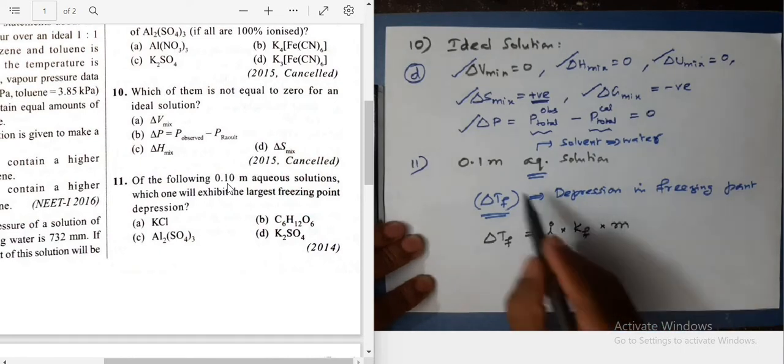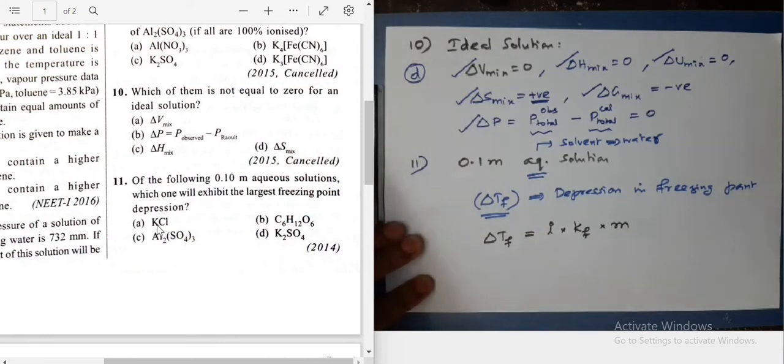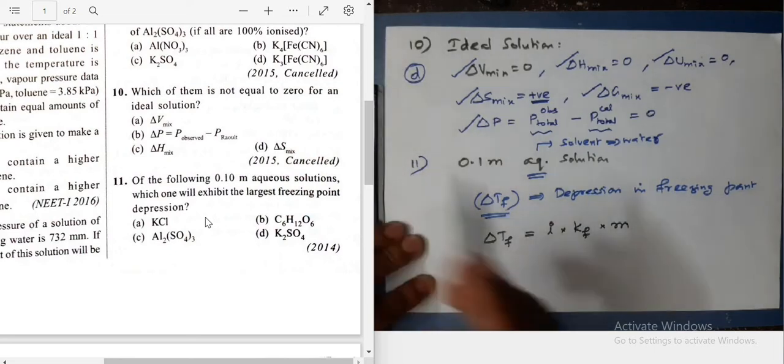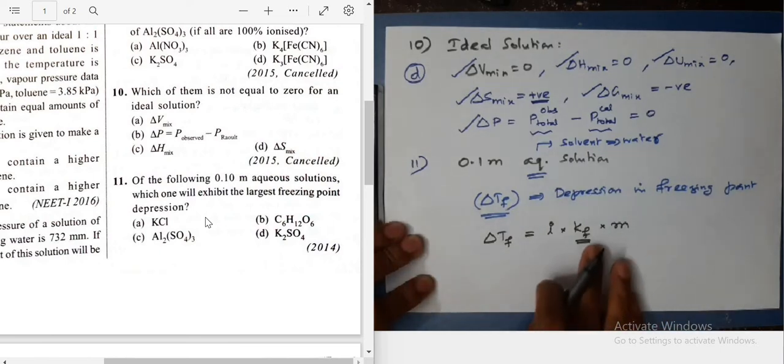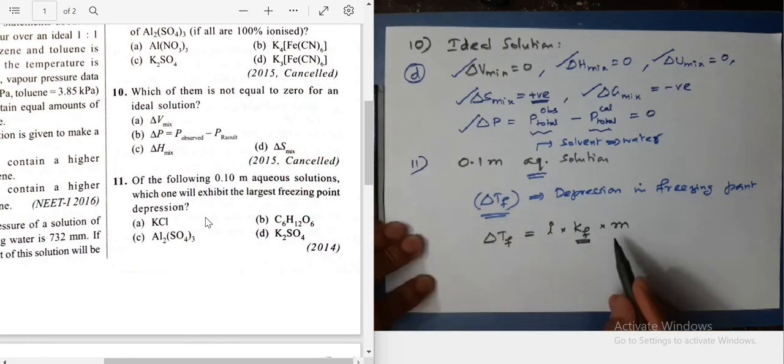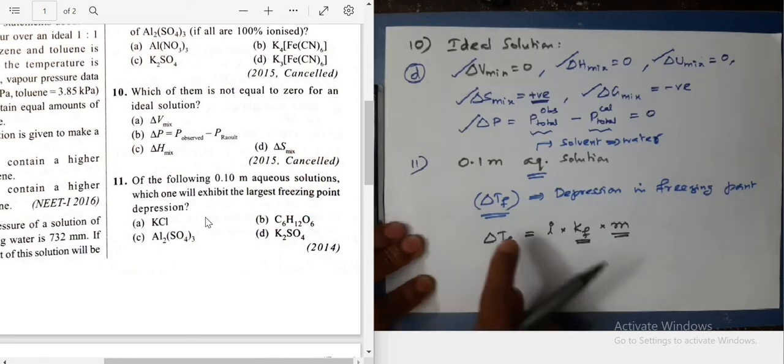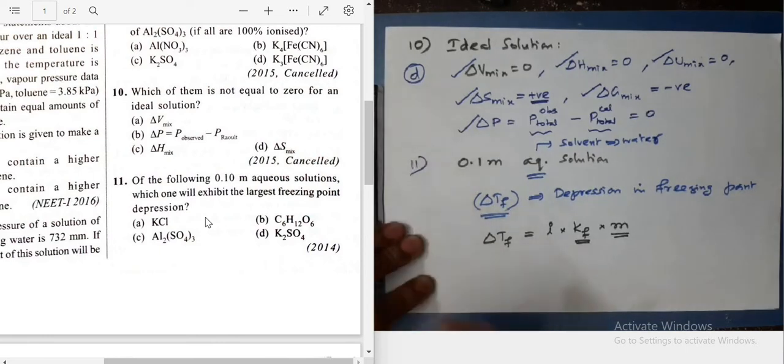Okay, since all the four solutions are aqueous, that is KCl solution, this is glucose, this is potassium sulphate solution, therefore Kf is same for all the four solutions, because solvent is water. What about molality? In the question it is given clearly all the solutions are 0.1 molal. So molality also same for all the four options.